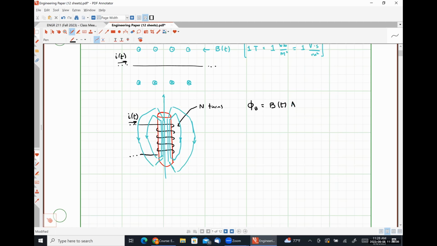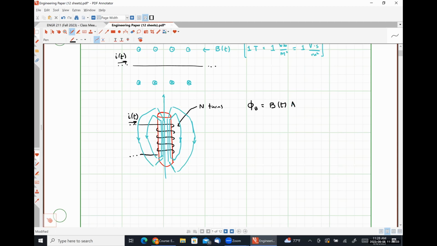You should know that the real definition for magnetic flux would be the integral of B dotted into dA. In this particular configuration, the area vector is in the up direction. The field lines are also in the up direction. So because they're parallel, we just get B times A.